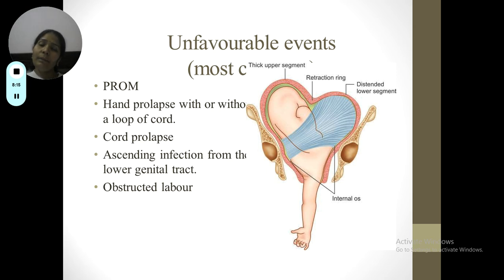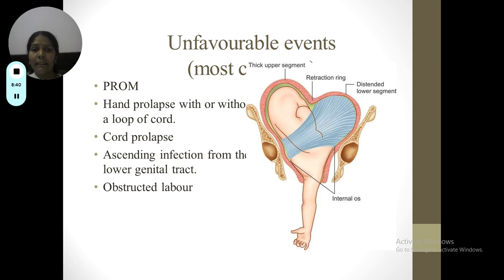So what are the unfavorable events that can occur, which are most common in a transverse lie? First is premature rupture of membranes. There is early rupture of membranes in a case of transverse lie because of the absence of the ball valve mechanism and because of the ill fitting of the presenting part in the lower segment.